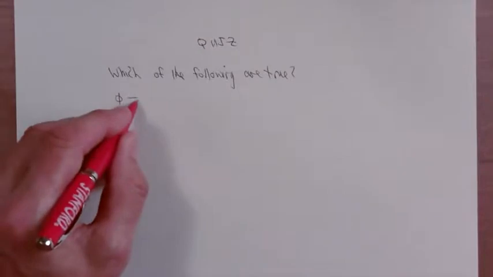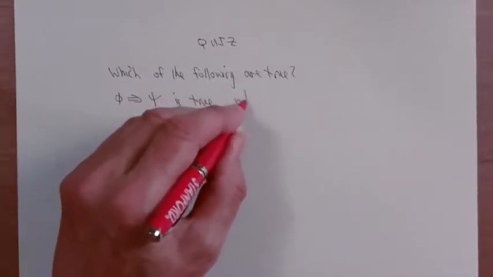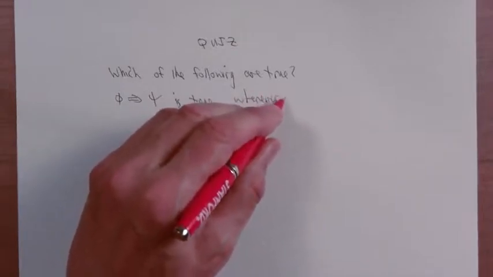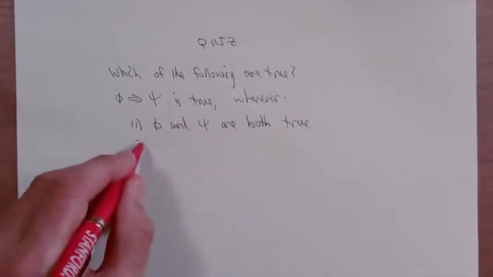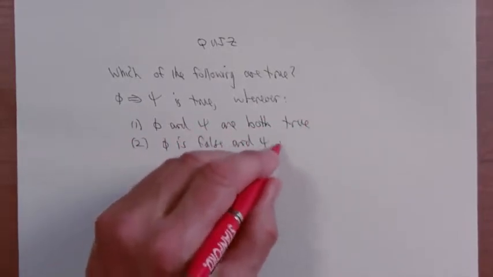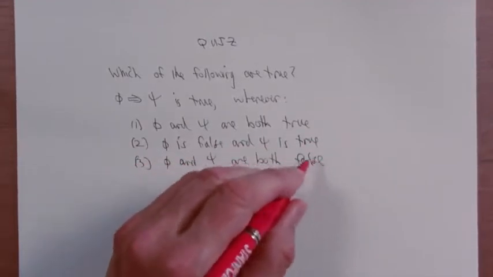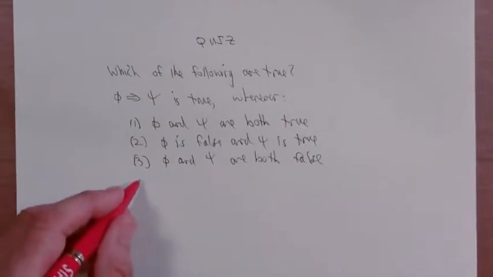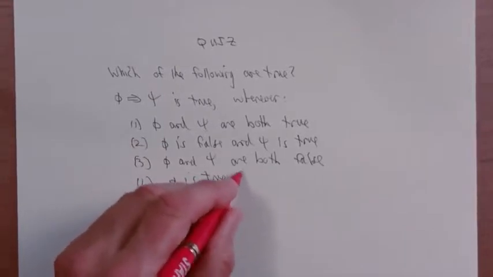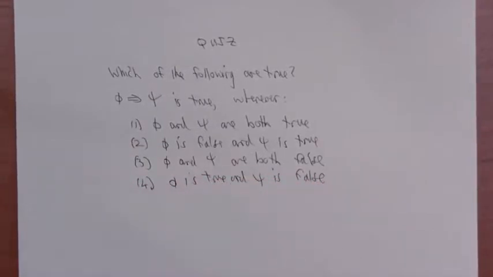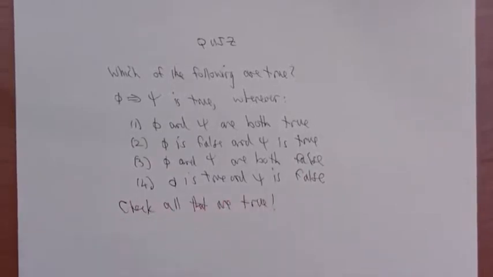Phi conditional psi is true whenever 1, phi and psi are both true, 2, phi is false and psi is true, 3, phi and psi are both false, and 4, phi is true and psi is false. And I want you to check all that are true.